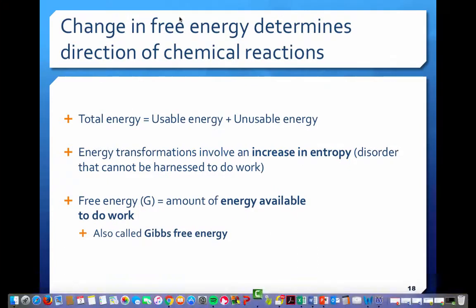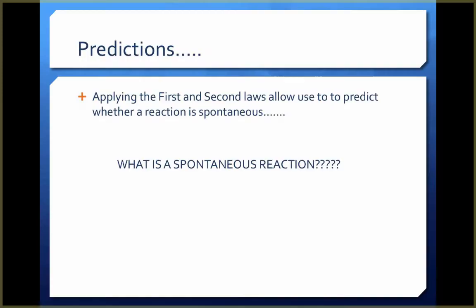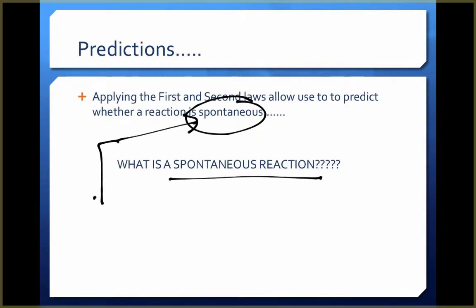So when we talk about applying the first and second laws of thermodynamics, we can essentially use them to predict whether a reaction will happen what's known as spontaneously. And what is a spontaneous reaction?